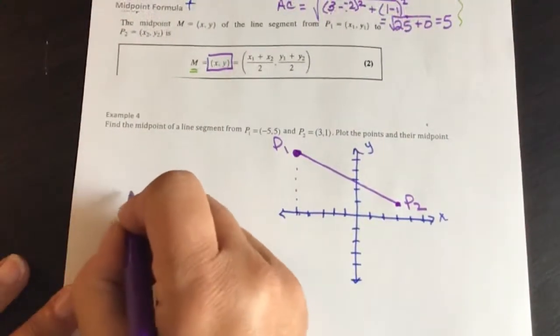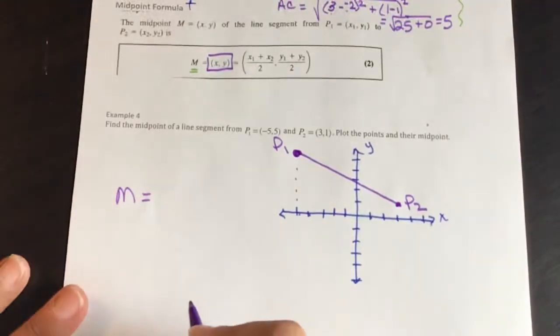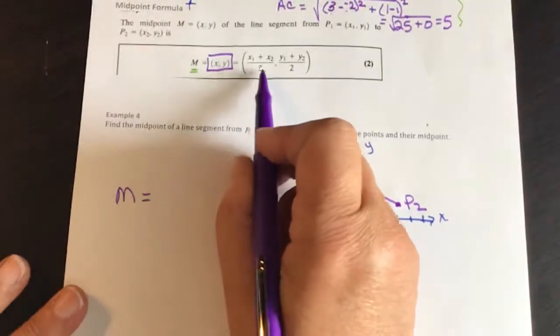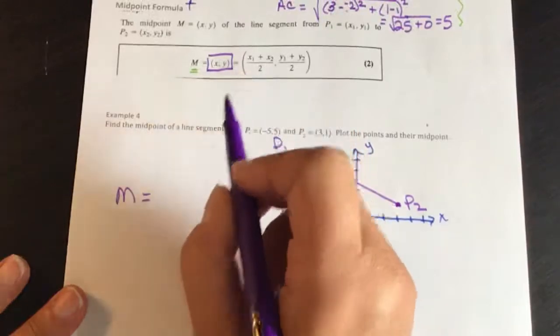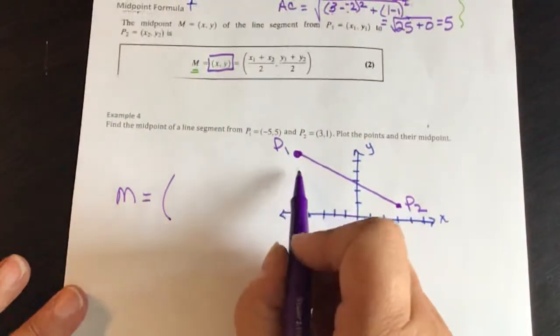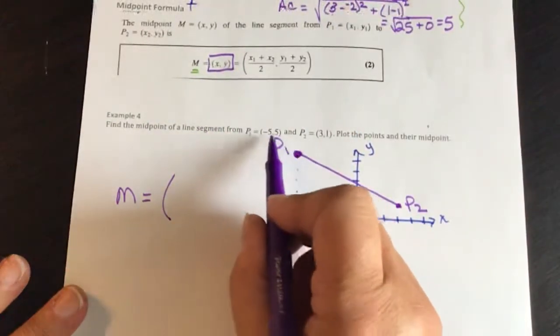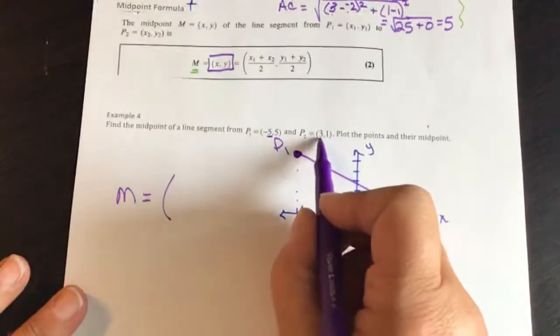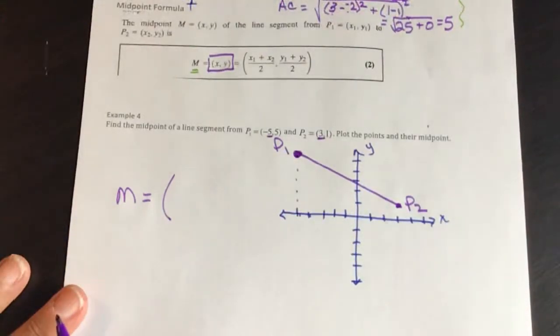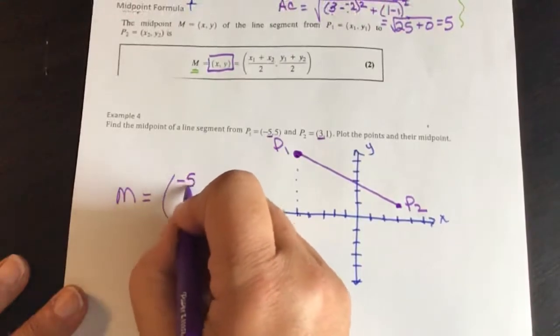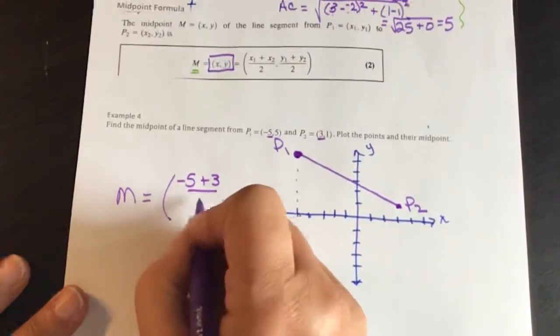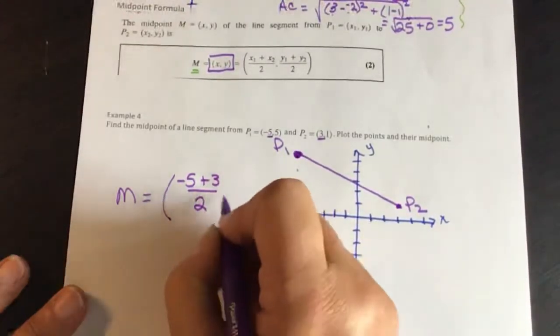So using the formula to find the midpoint, I need to add the x coordinates and divide by 2. The x coordinate here is -5. The x coordinate in point 2 is 3. So I have -5 plus 3 divided by 2.